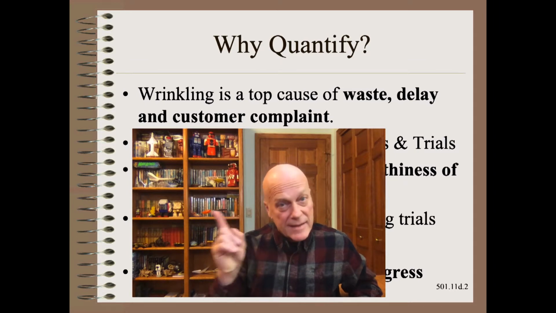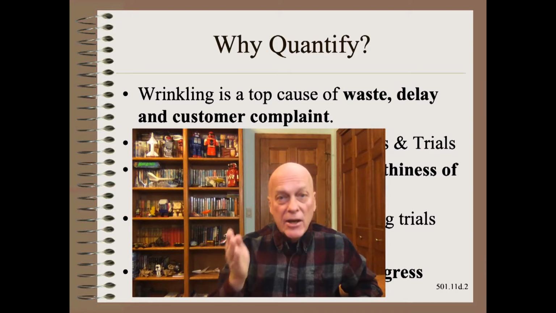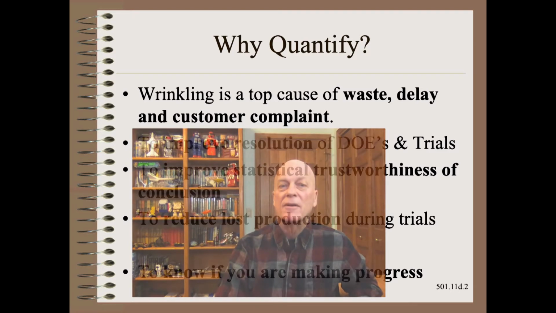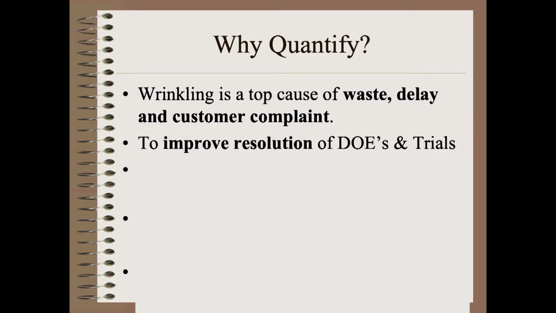Wrinkling is one of the top causes of waste, delay, and customer complaint. As such, the objective function deserves some attention so that you get the most from your analysis and troubleshooting efforts. A good measure of wrinkle severity will improve the resolution of our design of experiments or other trials.